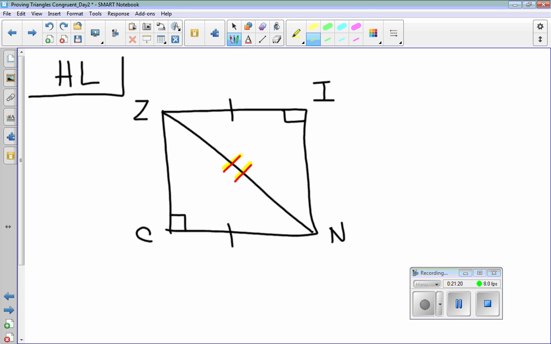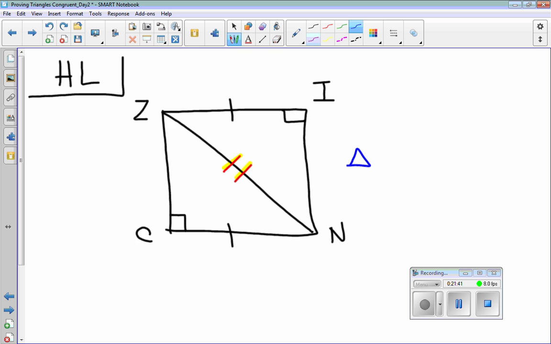But in a right triangle, I know that hypotenuse and leg is enough information to say that it works. So hypotenuse is the line ZN, and CN is the leg, and so is IZ. So I know I have hypotenuse leg, so this would be enough information to say the triangles are congruent.